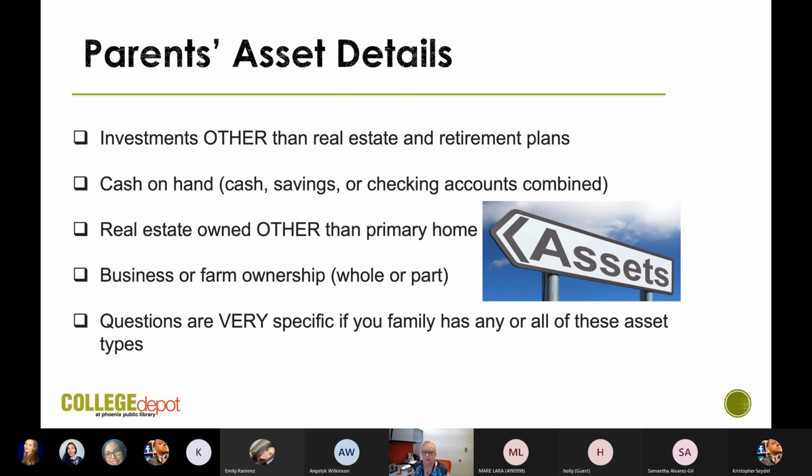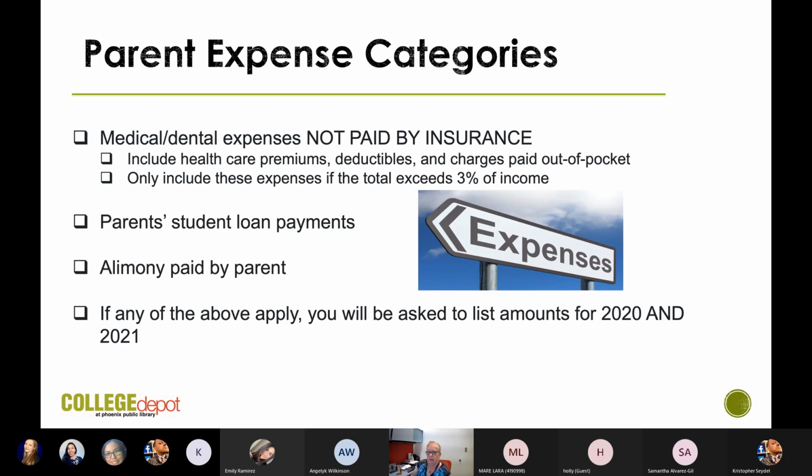Okay, Chris, I'm going to go on because then I'm going to work backwards in the final 15. There is a part on the CSS profile that asks you something you will never see on a FAFSA, and that is special parent expenses. There are categories of things that affect our lives greatly that you never see when you look at just a basic income picture.